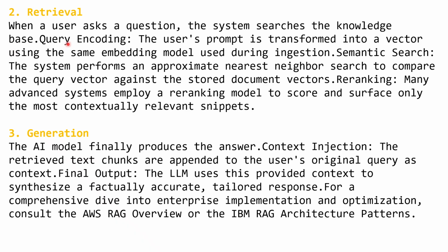Query encoding. The user's prompt is transformed into a vector using the same embedding model used during ingestion. Semantic search. The system performs an approximate nearest neighbor search to compare the query vector against the stored document vectors.